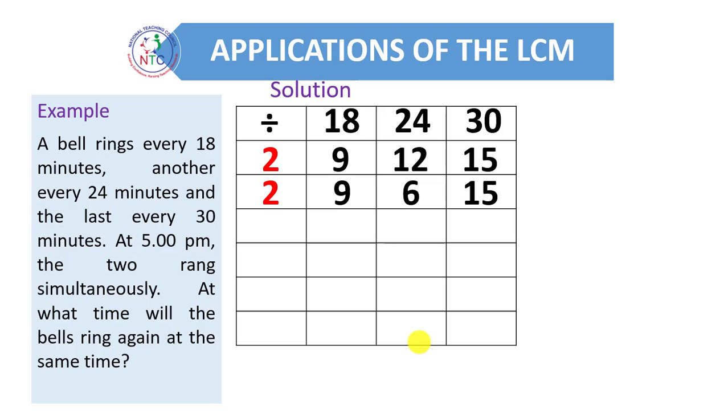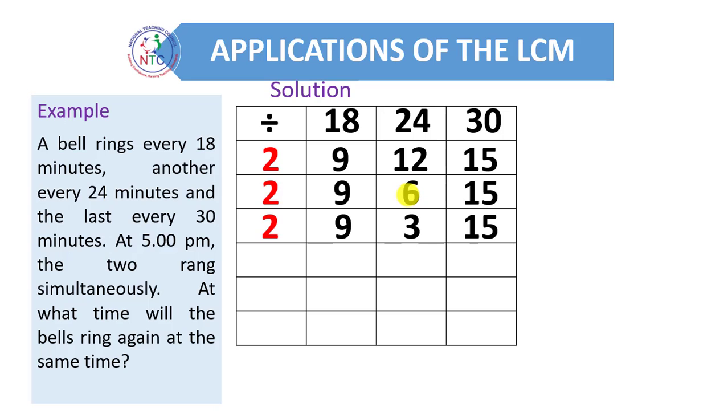Now, you see that we can still use 2 to divide because of the number 6. So, going forward, 9 divided by 2 will be a remainder, so we just write the 9 there. 6 divided by 2 gives us 3. And 15 divided by 2 gives us 15.